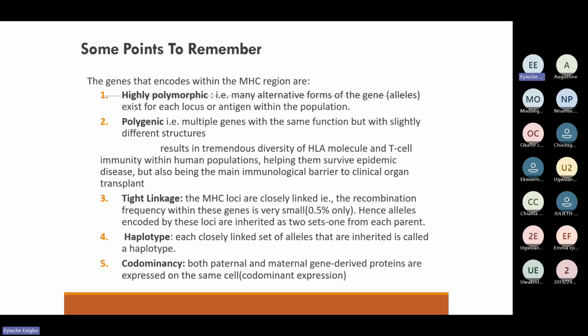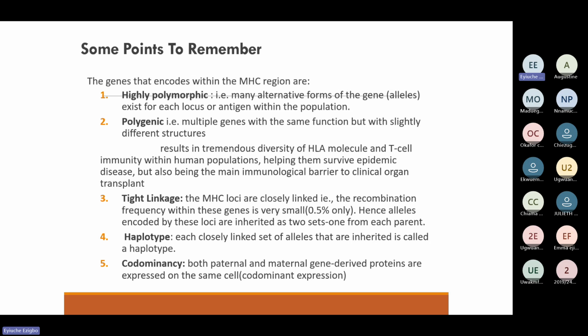Tight linkage: the MHC loci are closely linked. That is, the recombination frequency within these genes is very small. Hence, alleles encoded by these loci are inherited as two sets, one from each parent. Each closely linked set of alleles that is inherited is called a haplotype.